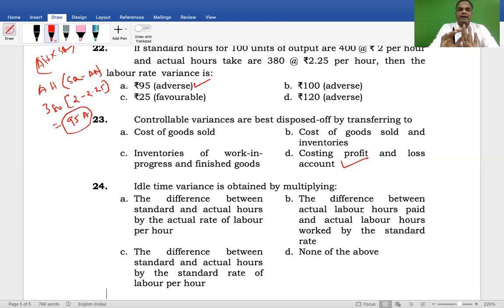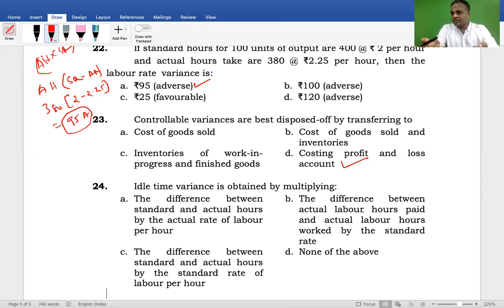How to identify the idle time, and what is the formula for idle time? Actual idle time into standard rate. So the difference between actual hours paid and actual hours worked, multiplied by the standard rate. Is it right or not? When actual hours worked and actual hours paid are different, it is called idle time.